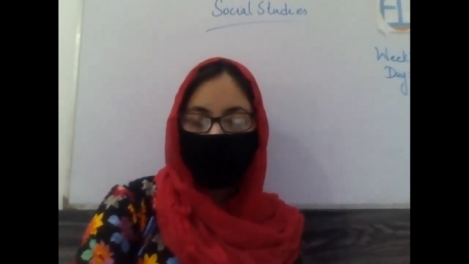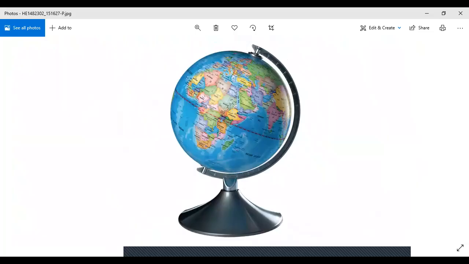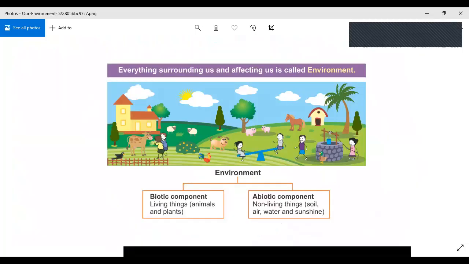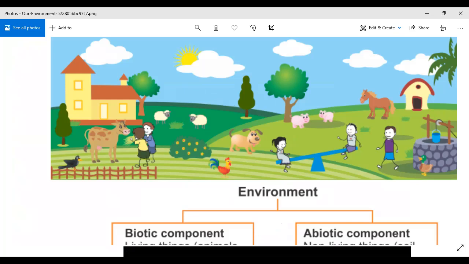Okay. Now I'm going to share the screen with you and I'll explain this environment with the help of a picture. Look at this picture. Over here, it says that everything surrounding us and affecting us is called environment. Whatever surrounds us, whatever affects us is known as our environment.